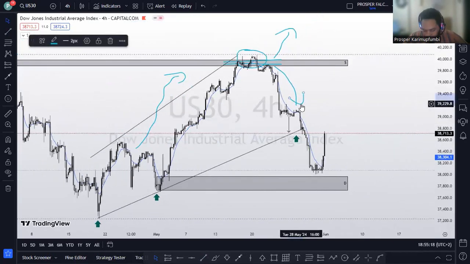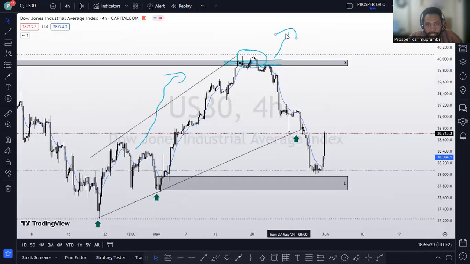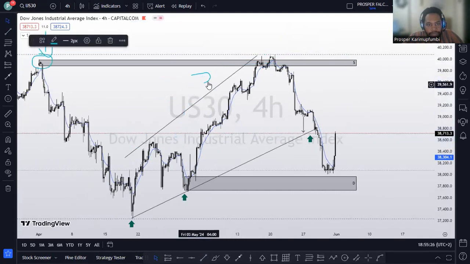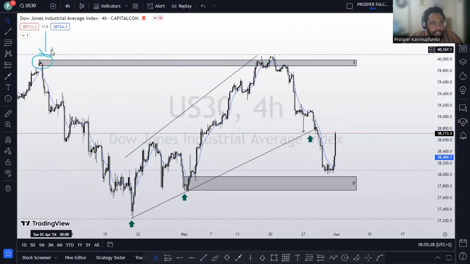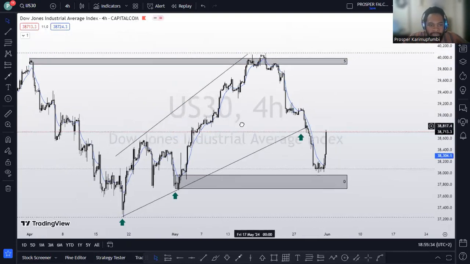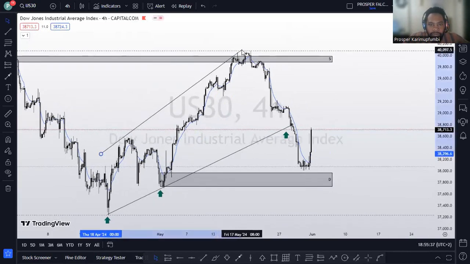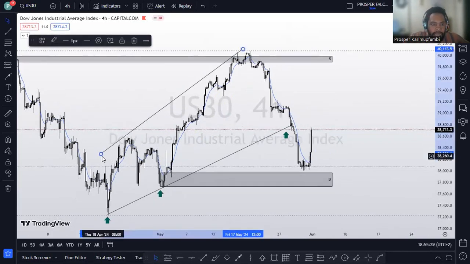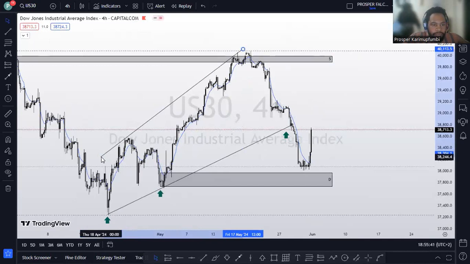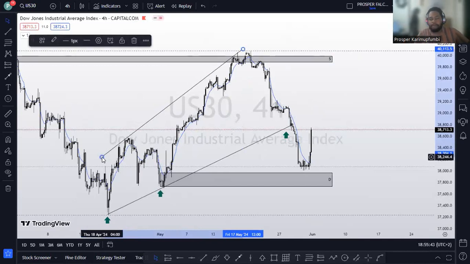Let me remove these markups and just leave my chart with the supply, the demand, and those resistance and support trend lines, right? So if you can see the way I'm analyzing here, I'm really using these trend lines and the zones that I've been talking about.